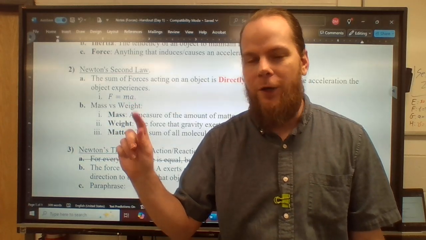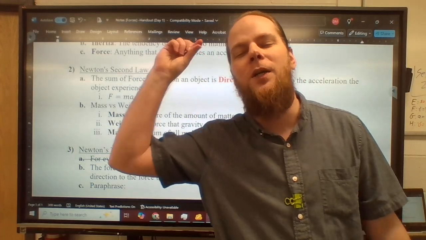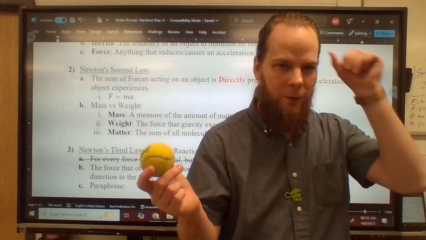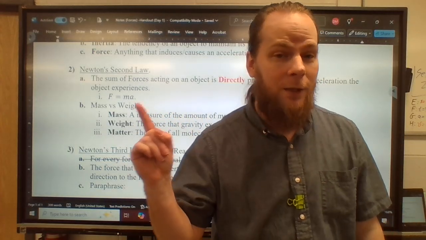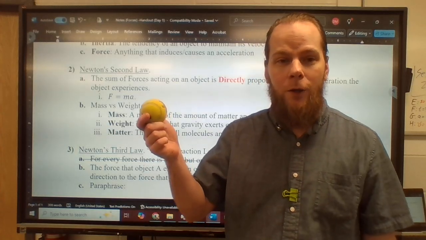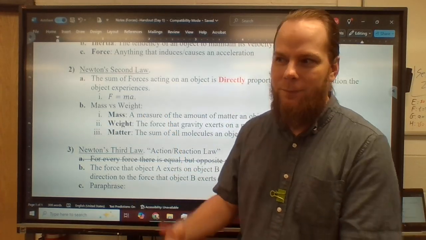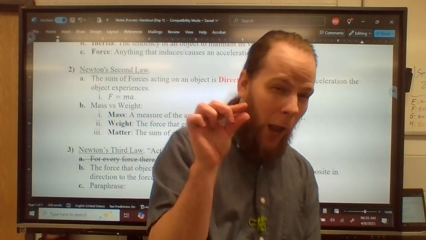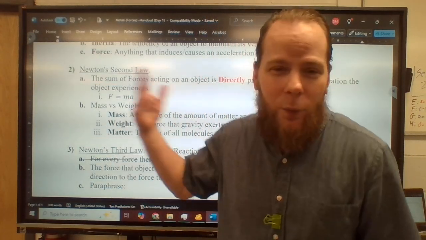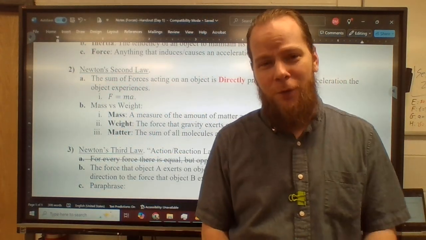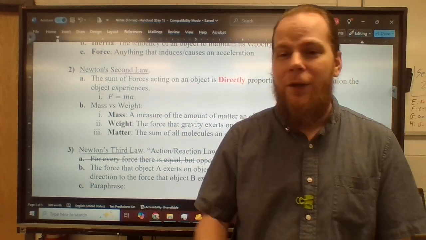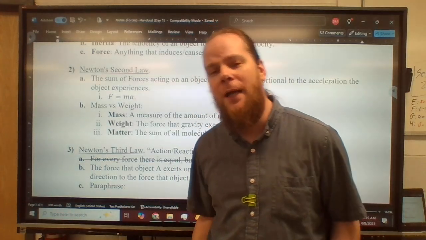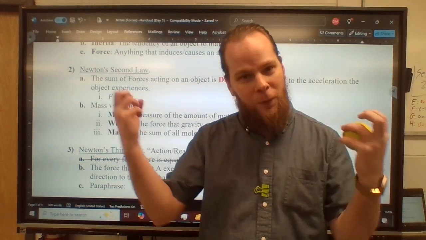The acceleration of the Earth is infinitesimally small compared to the acceleration that the tennis ball experiences because of Newton's second law. So the tennis ball moves and the Earth doesn't. In reality, yes, it moves just an itty bitty tiny bit, but we can't tell from here because the Earth is massive compared to the tennis ball. This is true every time you jump, every time you throw something up in the air. It is pulling up on the Earth just as hard as the Earth is pulling down on it.